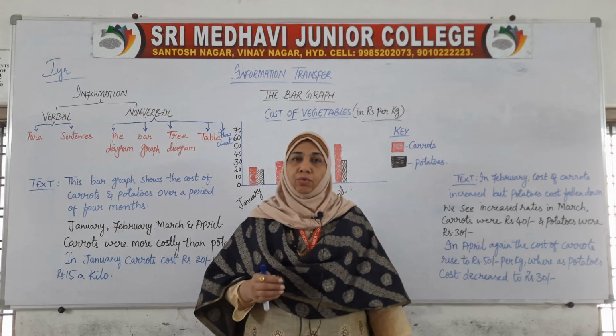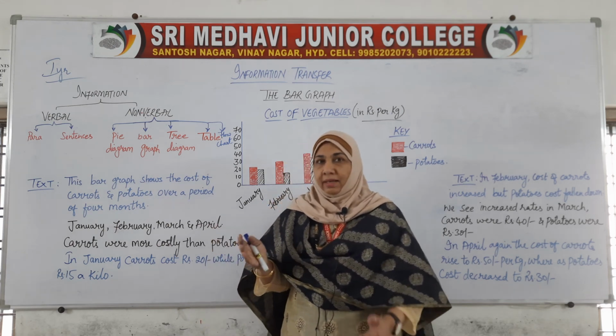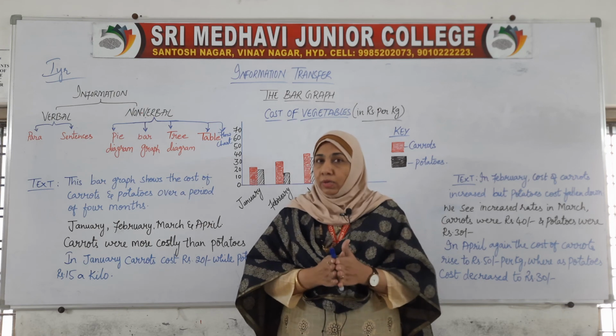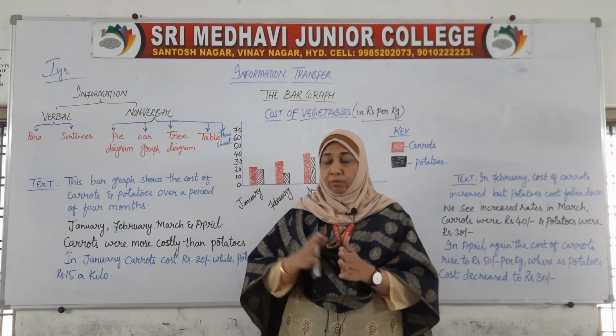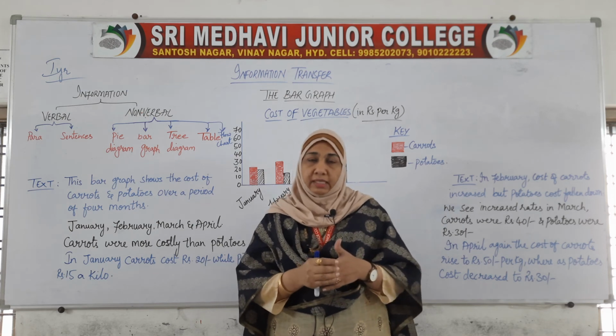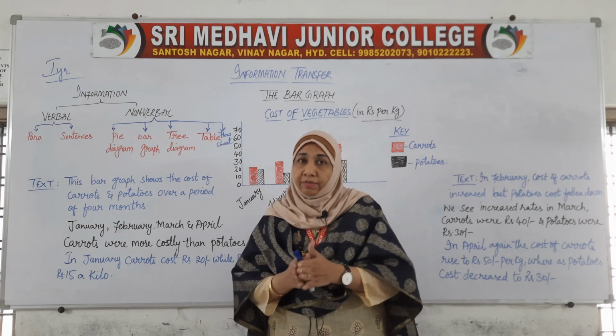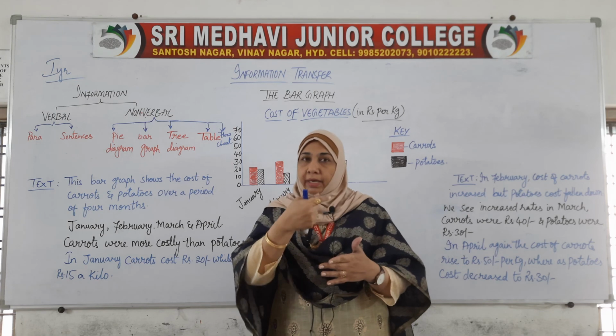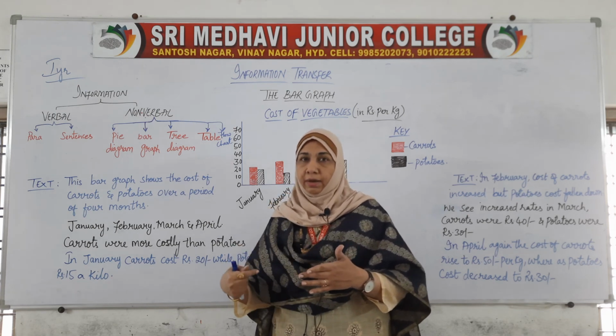Practice not only one bar graph; do 2-3 bar graphs, so you are able to understand how to draw the bar graph and how to interpret the bar graph in the form of a paragraph.